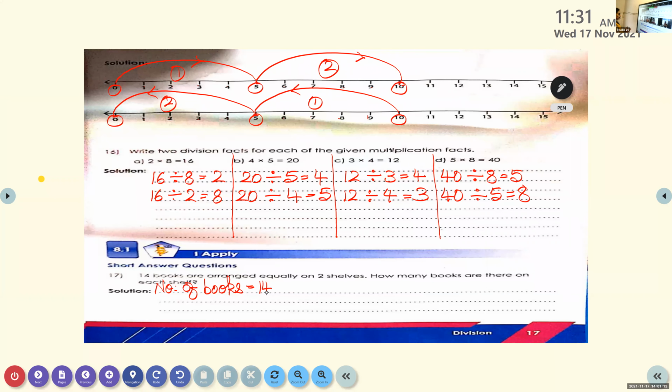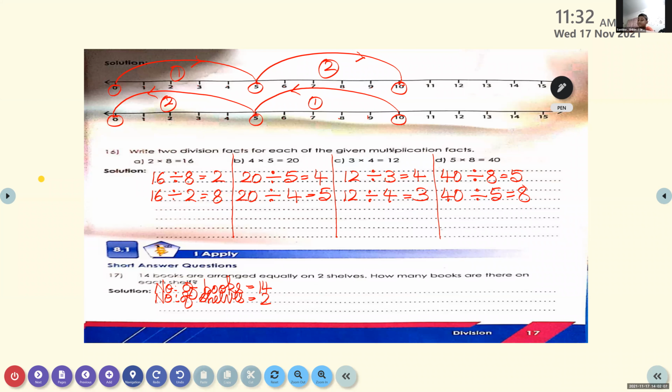Now from the last sentence, make the last statement. How many books are there on each shelf? So number of books on each shelf. Okay, good. You have to divide it.